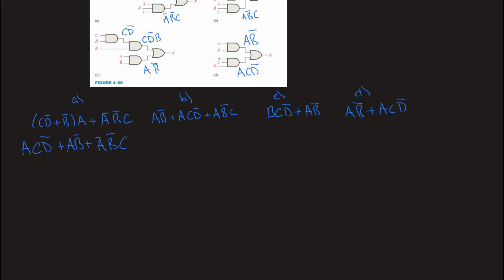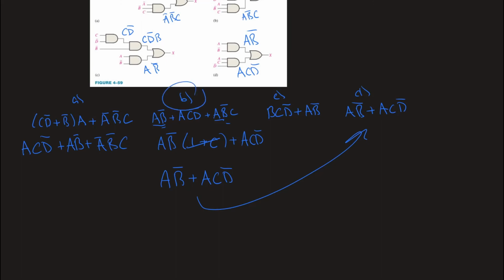So for this one, notice that we have A B naught in both of these. So I can pull that out. So A B naught, 1 for this one, or C for this one, or A C D naught. This goes away, and so I have A B naught, or A C D naught, and boom, we found it. B is the same as D.